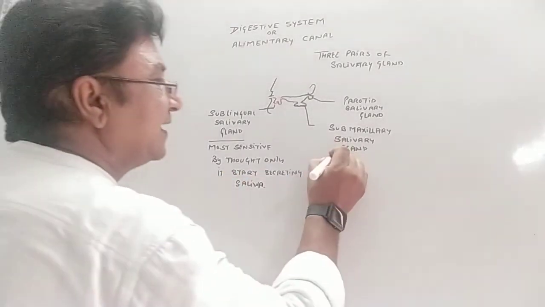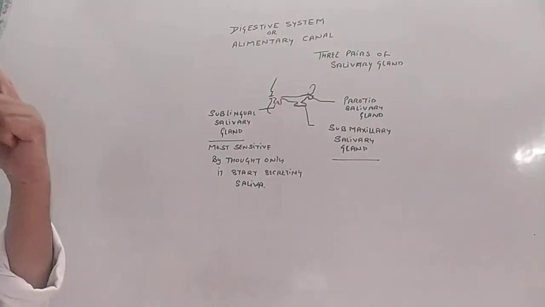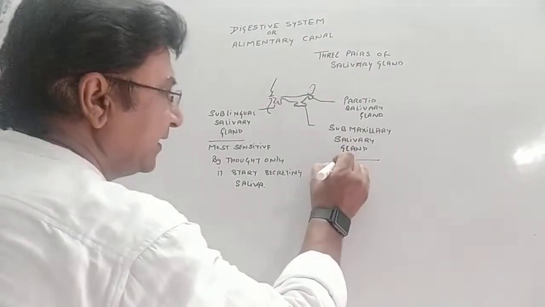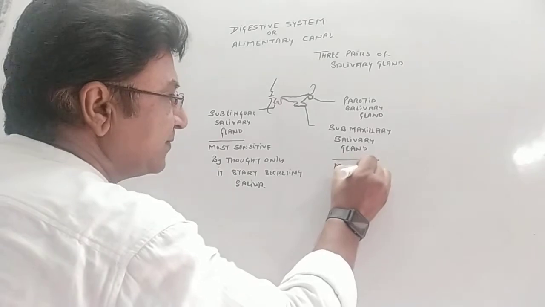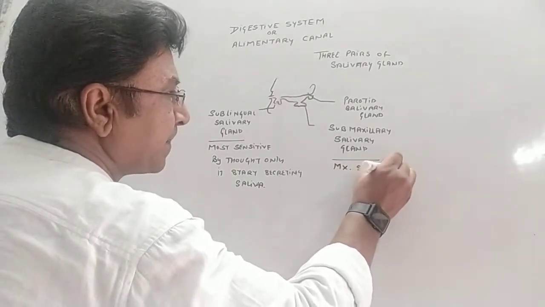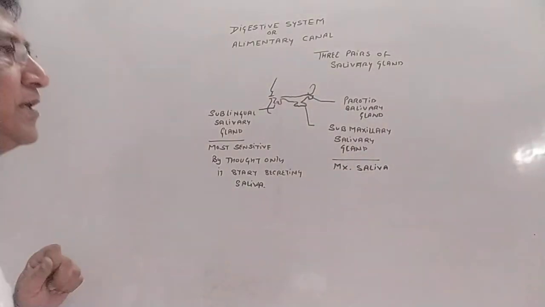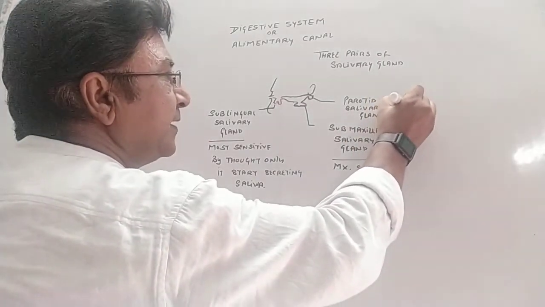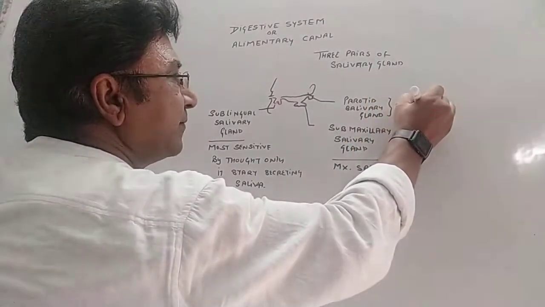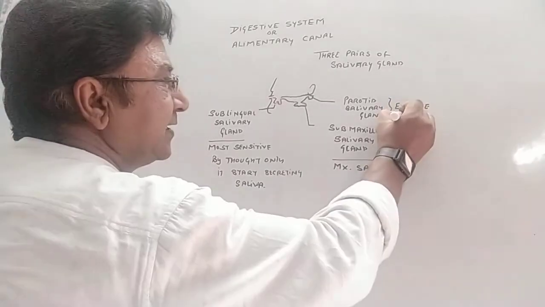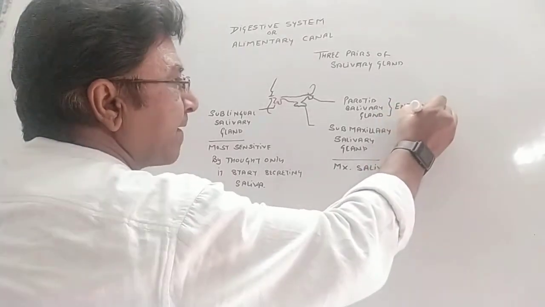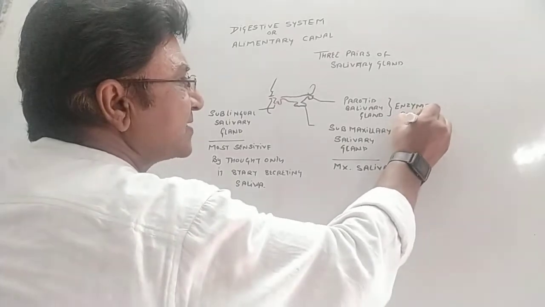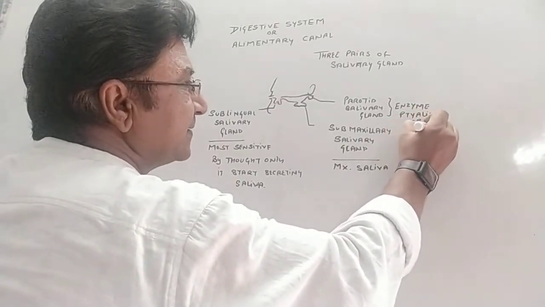Now, the submaxillary gland is the gland which produces maximum saliva. Okay? The parotid gland secretes an enzyme called ptyalin. It is also given the name salivary amylase.